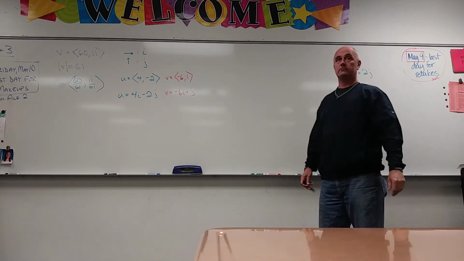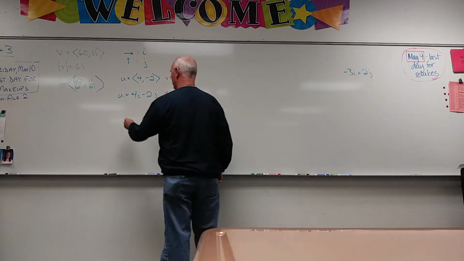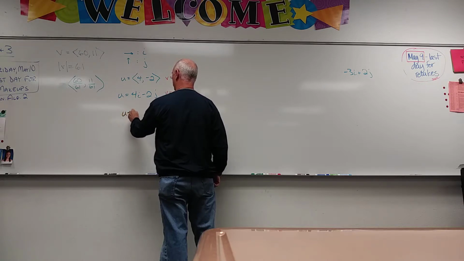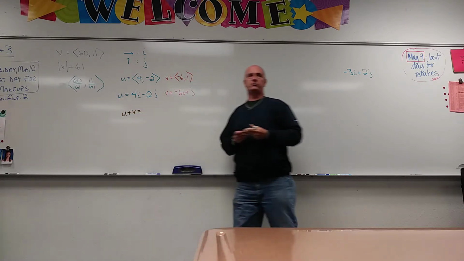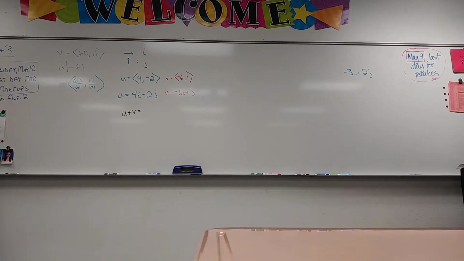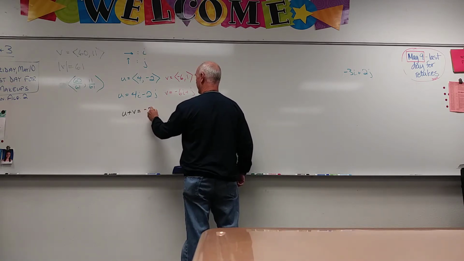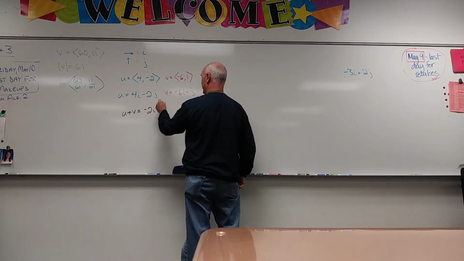High-level stuff so far. They will then ask us at some point to add vectors u and v. We're really jumping up now. Be careful. -2i minus j.